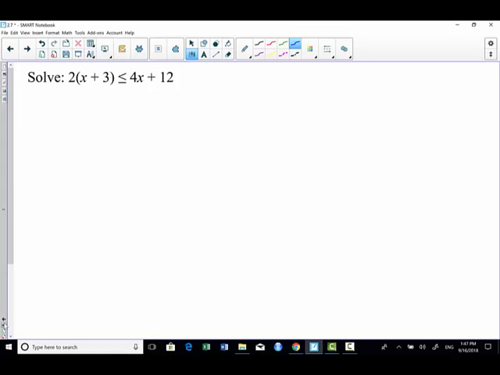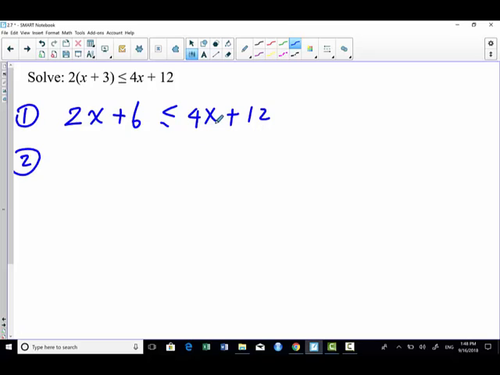Let's see this example. 2 times the quantity x plus 3 less than or equal to 4x plus 12. So step 1, let's simplify by distributing that 2. 2 times x is 2x. 2 times positive 3 is plus 6. Less than or equal to 4x plus 12. So that's step 1. Step 2, you can move all the variable terms to one side and the numbers to the other side. In this case, let's move the variable terms to the left-hand side.